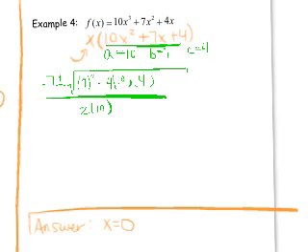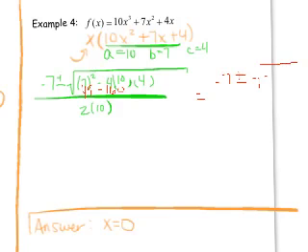Okay, so let's simplify where I can. So negative 7, that's simplified. 7 squared is 49. 4 times 10 times 4, someone type that in. You get 160. What is 49 minus 160? 111. So we have negative 7 plus or minus. Is it 111? Is it negative?